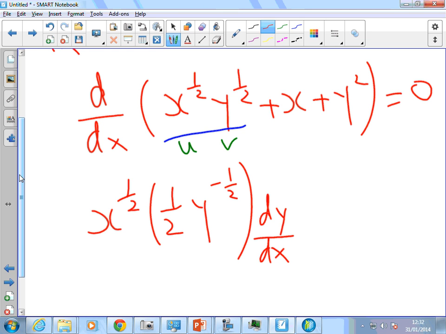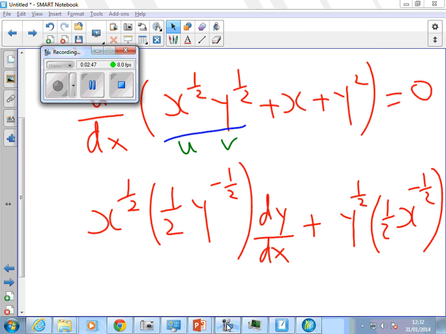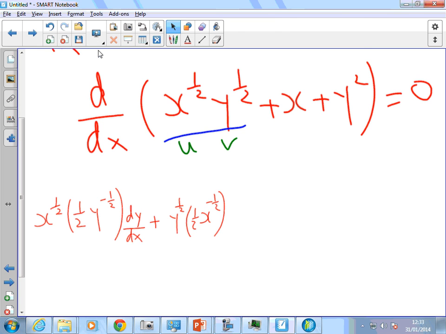So now we've done u dv by dx plus v du by dx. V is just y to the half, and du by dx is half x to the minus a half. Okay, so we've now differentiated that term. This is very straightforward. The derivative of x with respect to x is simply 1.